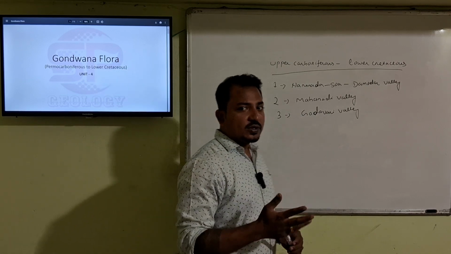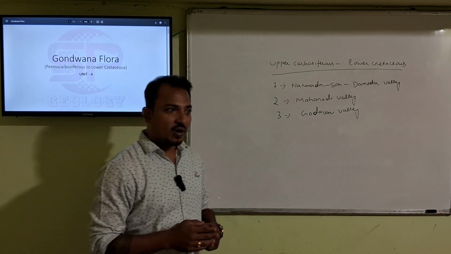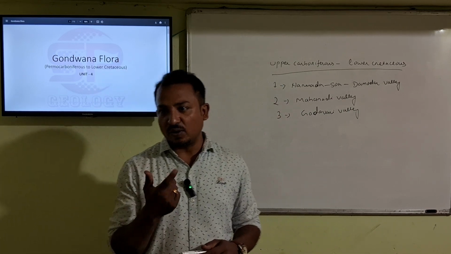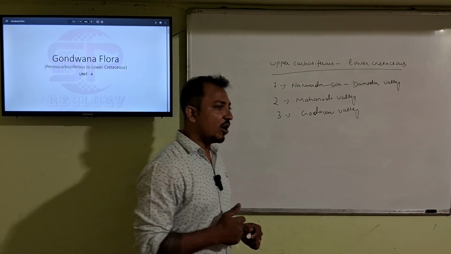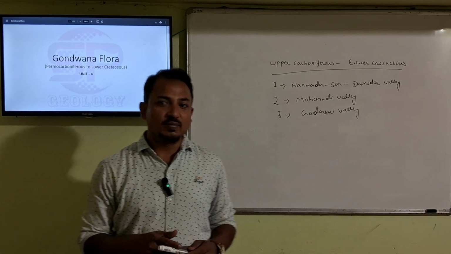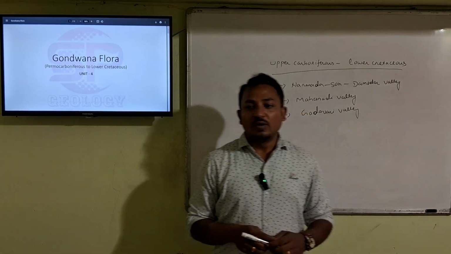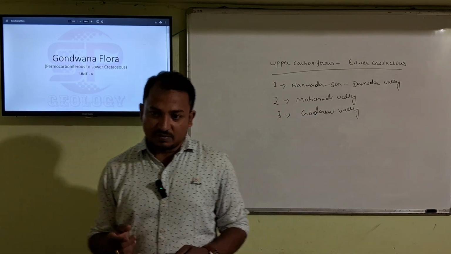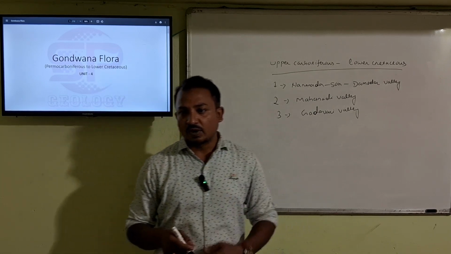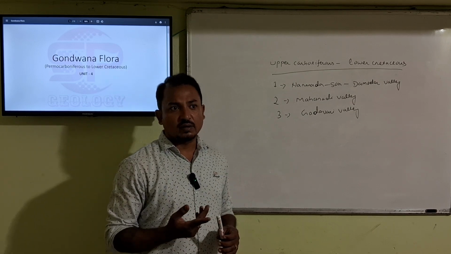The whole succession of Gondwana is classified into 2 parts: lower Gondwana and upper Gondwana. They are classified on the basis of fossil content, or plant content, the flora. Gondwana is very evident in floral content, and you will find more plant fossils in Gondwana time.